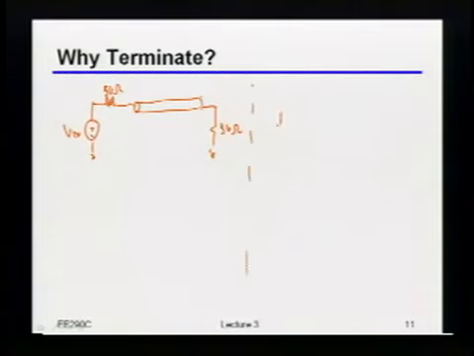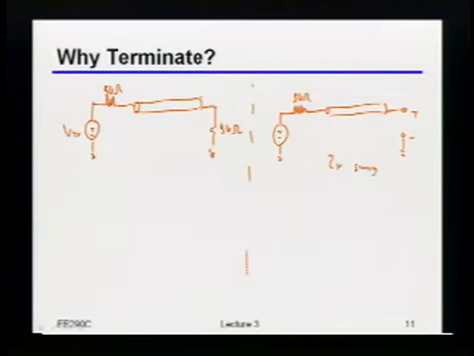If I compare that to something where, for example, I only had the source impedance, but I left the load as an open circuit, indeed, at least at DC, you would get twice as much swing in this case for the same power.